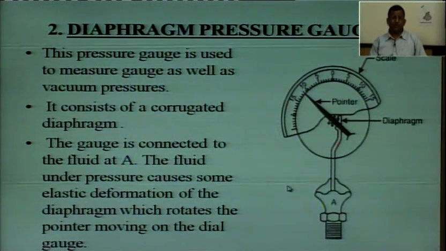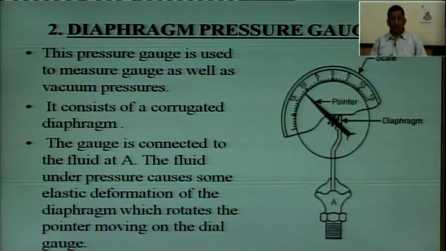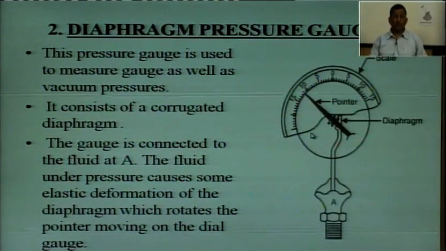The fluid under pressure causes some elastic deformation of the diaphragm, through the corrugations of the diaphragm, and it deflects here. This rotates the pointer moving on the dial gauge. So this is a dial gauge.